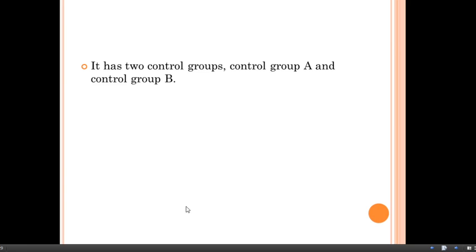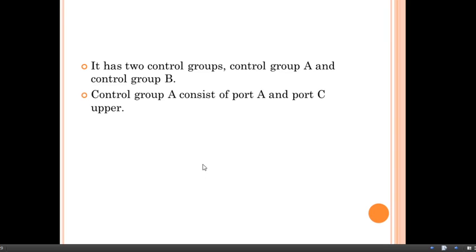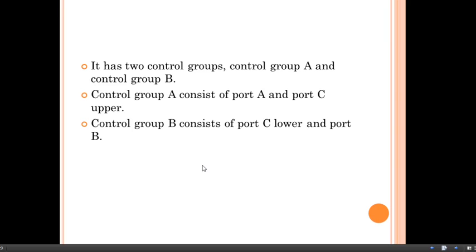It has two control groups, control group A and control group B. Control group A consists of port A and port C upper. Control group B consists of port C lower and port B. These control groups we'll see in the functional block diagram of 8255.